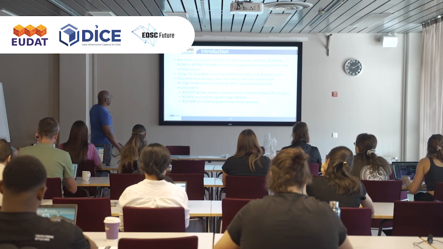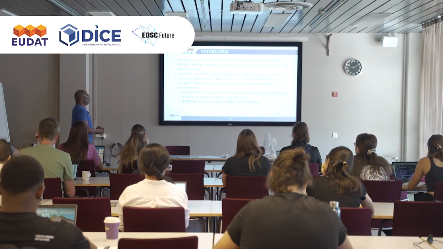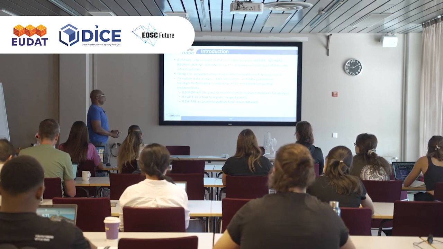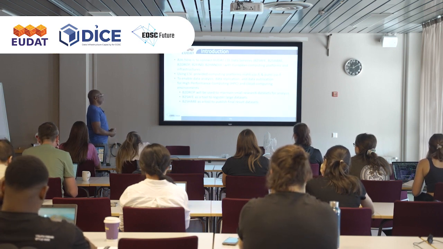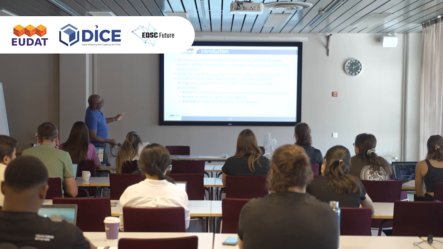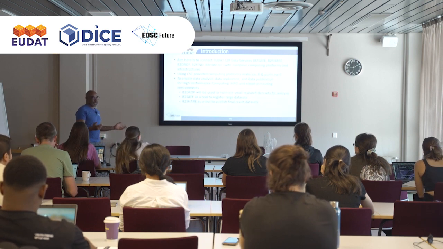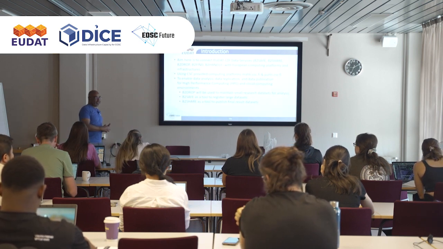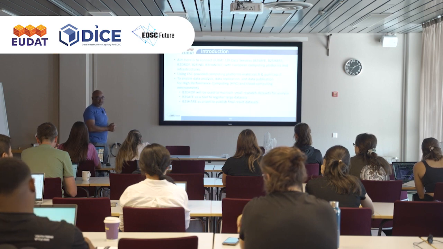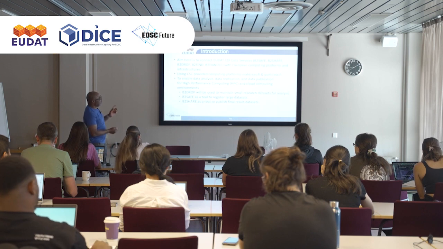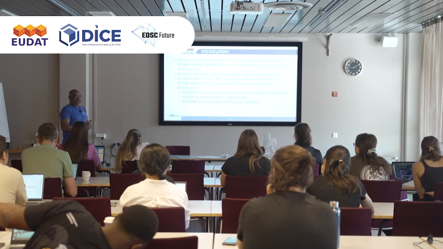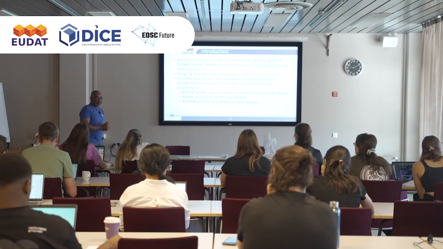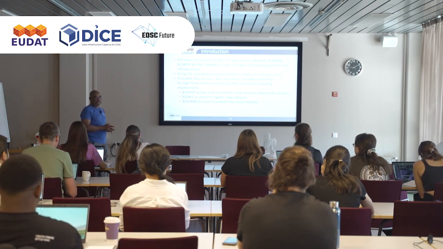So the aim basically is to show you the integration of EUDAT CDI data services: B2Save, B2Share, and B2Drop. I added B2Find and B2Handle because we make use of them on the other end. B2Find is used to harvest whatever we publish into B2Share, and B2Handle is very important because we use it for allocating PIDs in B2Share as well as in B2Save.